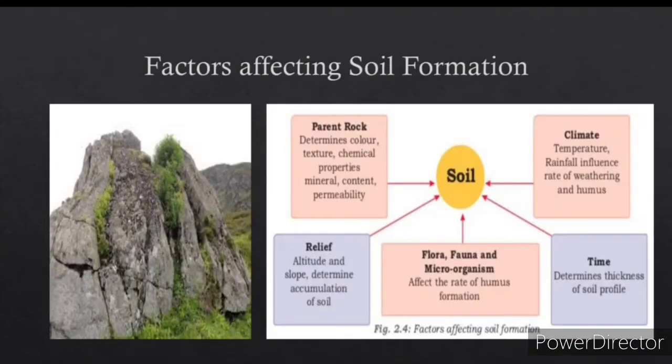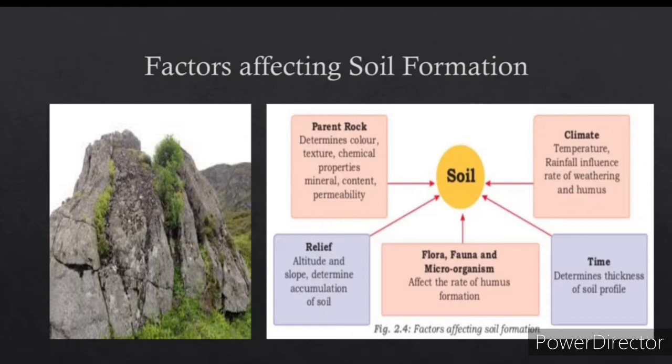Then the next factor is dead and decaying animals and plants, and some other factors that affect soil formation. The parent rock determines the color, texture, chemical properties, the availability of minerals and the content of the soil.